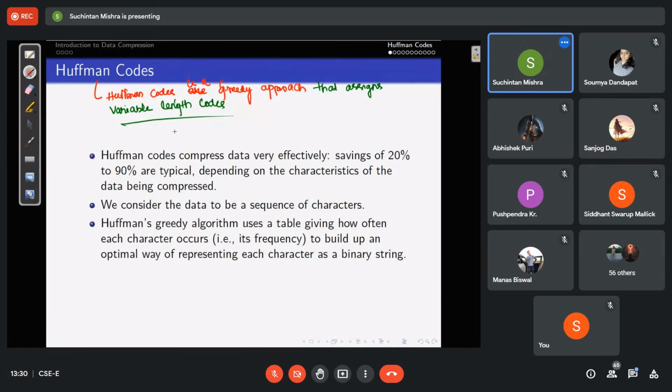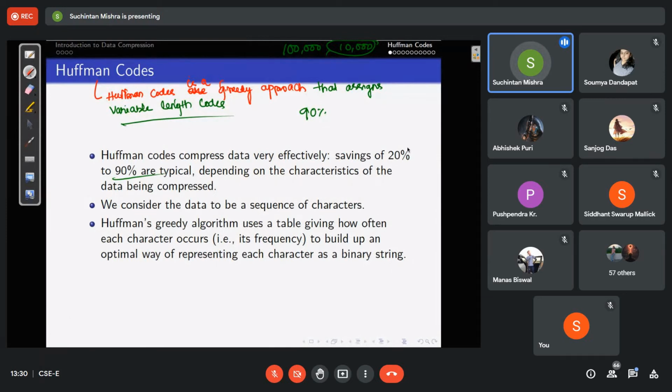Okay. So depending on the type of data that is to be compressed, there is a best case and there is a worst case. In the best case, Huffman code can compress up to 90%. If 1,100,000 bits were required, then Huffman code can do it with only 10,000.